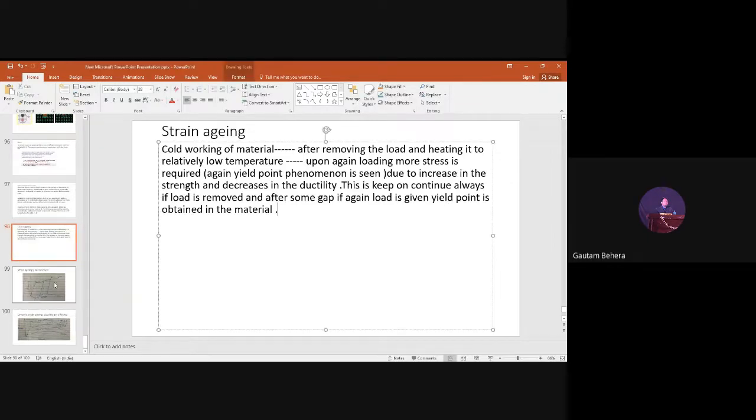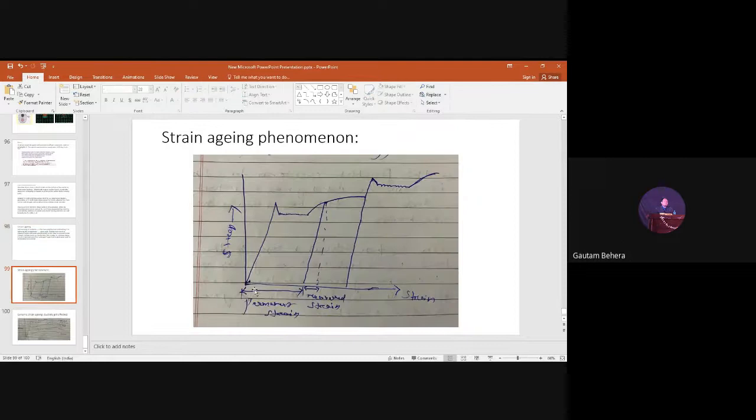So that means we will have this kind of curve. You can see the stress versus strain curve. We can see I am loading the material, and I am seeing an upper yield point, then a lower yield point, then serrations, then a strain hardening effect. But here, after taking the material to this point, I will unload the material.